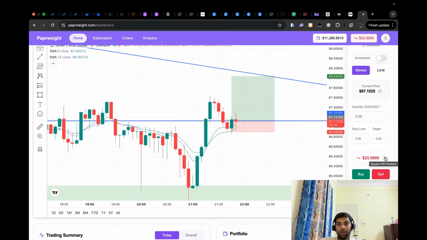Now it is reversing at $2030 now. It closed in a doji candle.